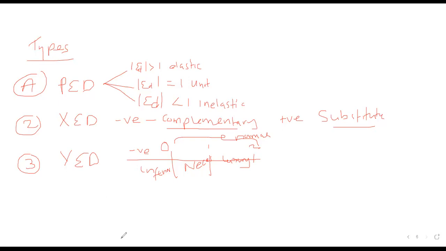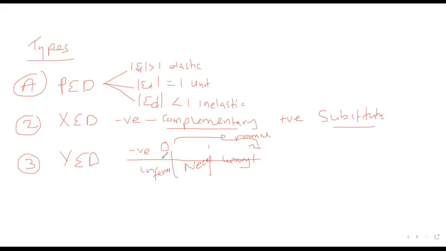So this category here, if you find a negative, the good is called an inferior good. If you find a positive, it's a normal good. Between 0 and 1 is a necessity, above 1 is a luxury good.